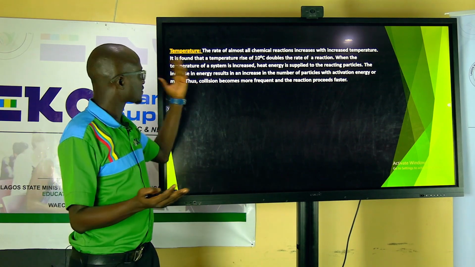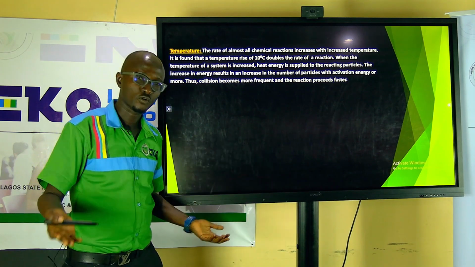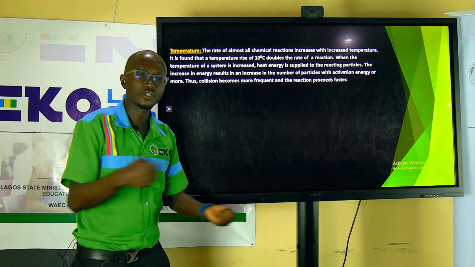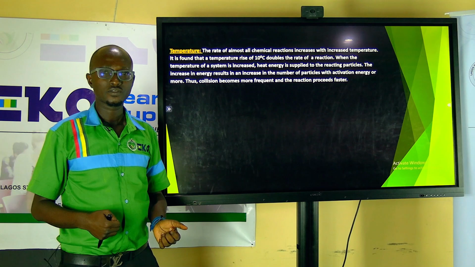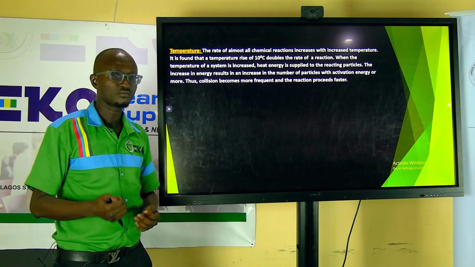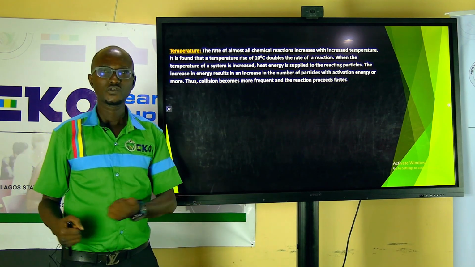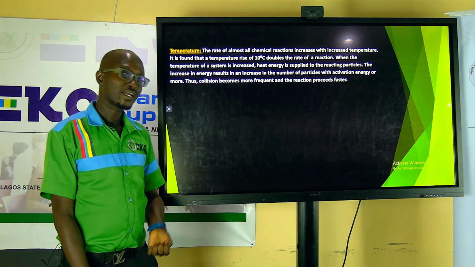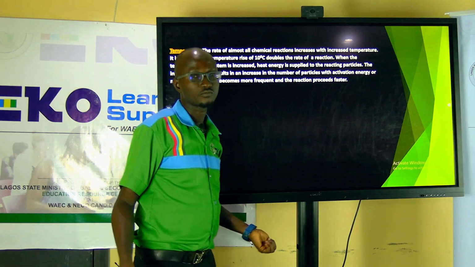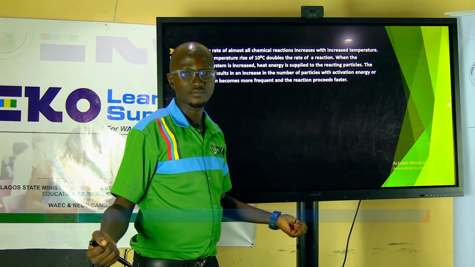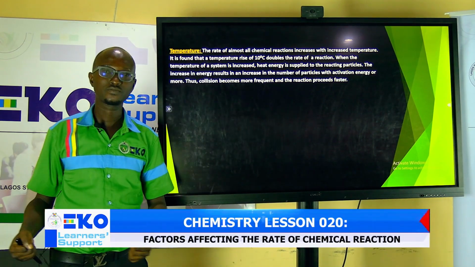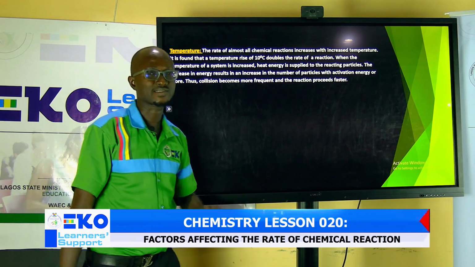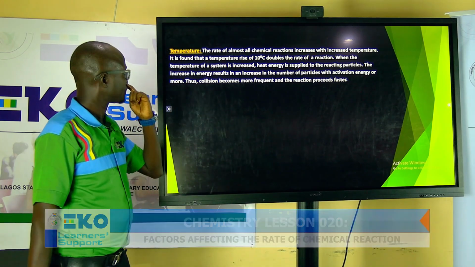Because when we have a warm weather, the temperature is higher than when the weather is very cold. So when it is warm, you are more active, you run here and there, you play here and there. But when it is very cold, wow, you probably stay indoors most of the time, especially this weather we are in now. You tend to cover yourself, you tend to play less. So that's what we are talking about here.